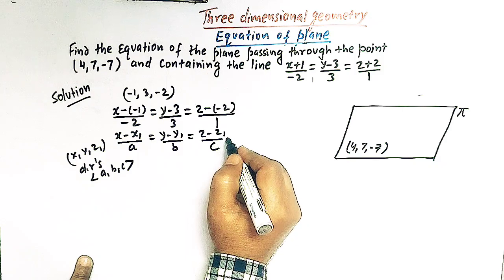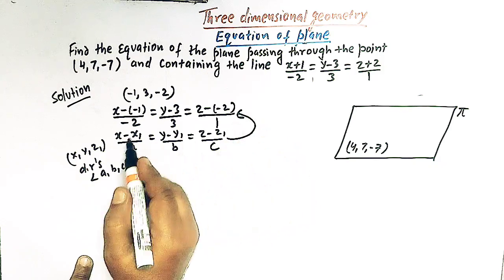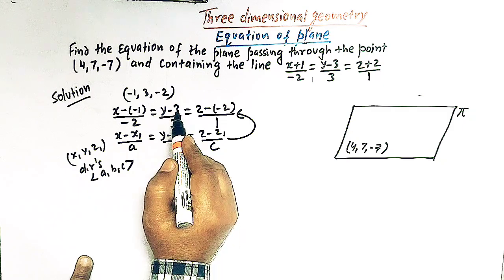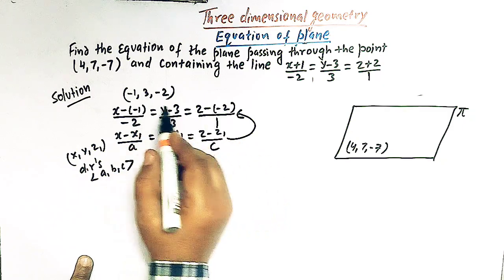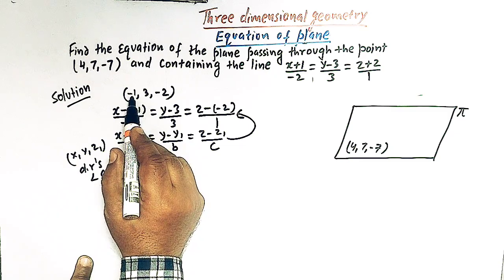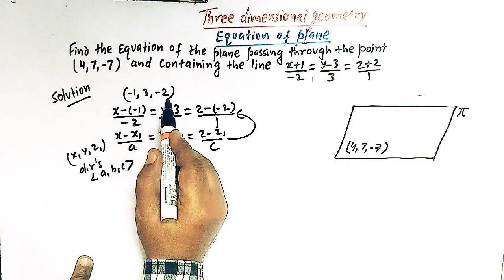So if we compare this line with this one, then x1 is -1, y1 is 3 and z1 is -2. So this line passes through this point, (-1, 3, -2).